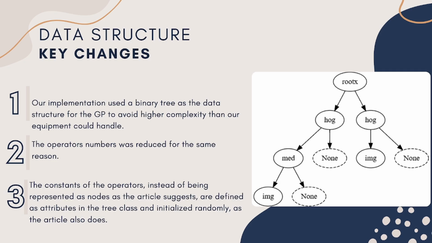And the last change was the way that we represent the constants of the functions, for example, the standard deviation for the Gaussian filter. Here, instead of representing these constants as terminal nodes, we represent these constants as attributes of the tree class, and we only make sure that we initialize these constants in the same way that the article does.